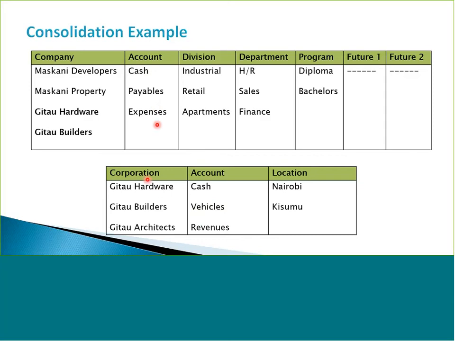So for these two segments, we are going to use roll-up rules. Okay. Now, when we come to this third segment, the location here, we'll say the parent company is not interested in this information here.